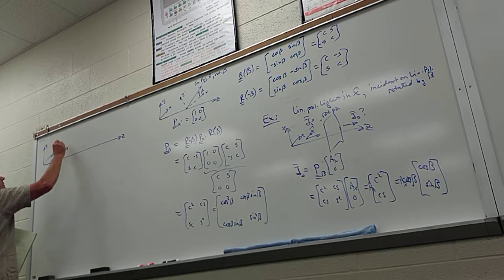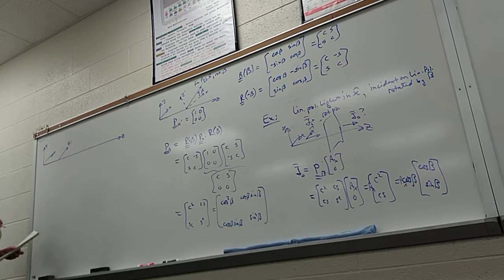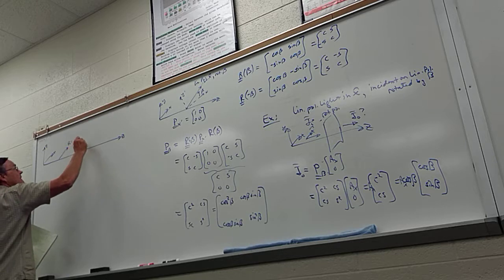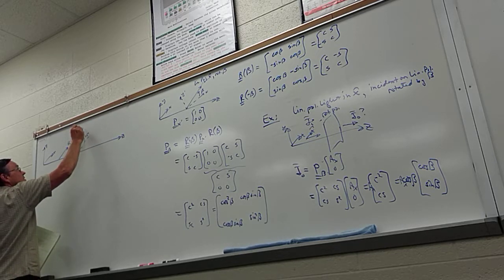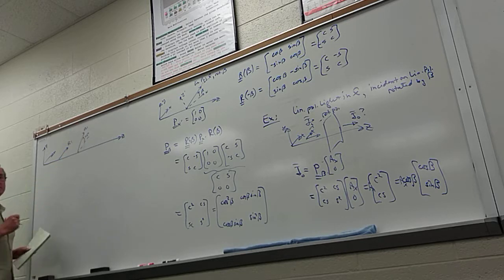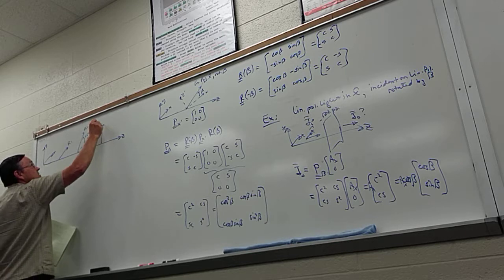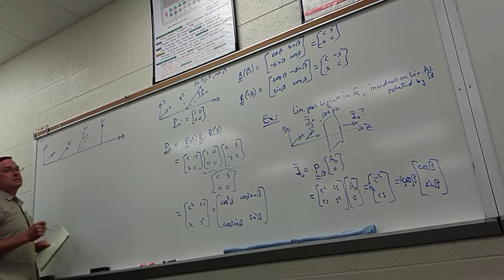Let's say the first polarizer is in the x direction. And let's say the second polarizer is rotated at 45 degrees relative to the x direction. And then the last polarizer is in the y direction.